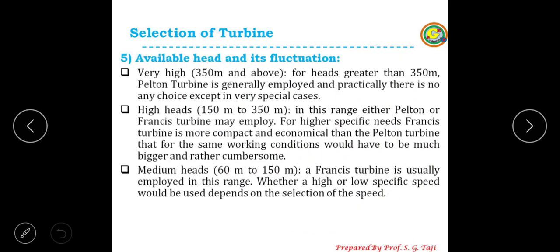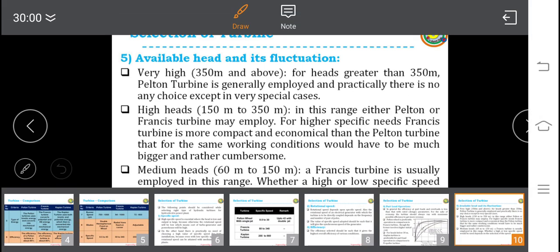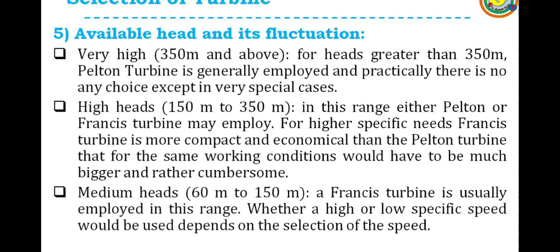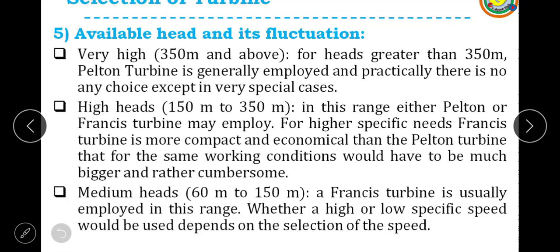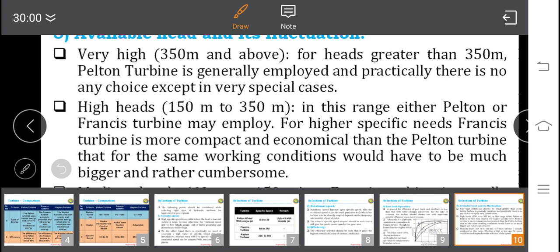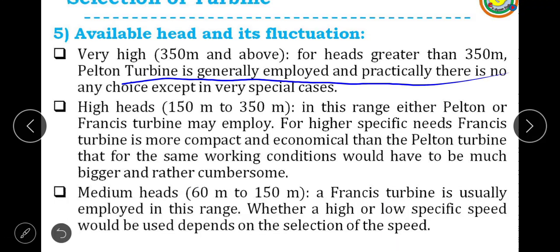Fifth factor for selection of turbine, available head and its fluctuations. Very high head, 350 meter and above. For heads greater than 350 meter, Pelton turbine is generally employed and practically there is no choice except in very special cases. Only Pelton turbine, impulse type turbine.